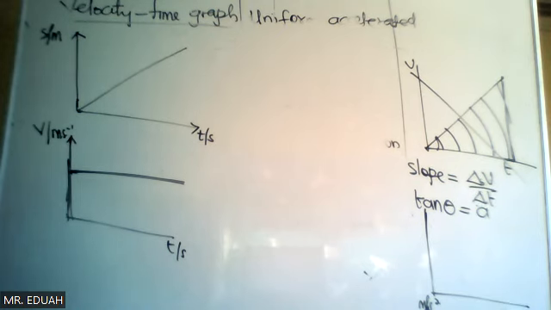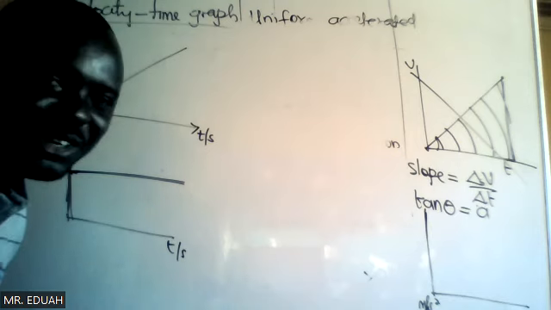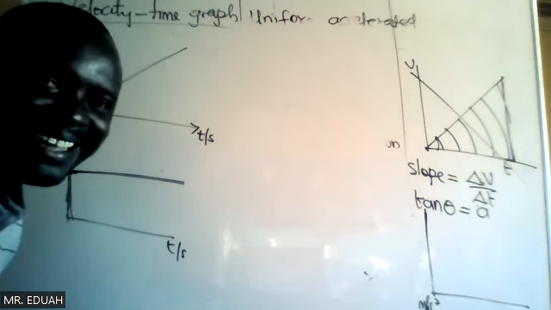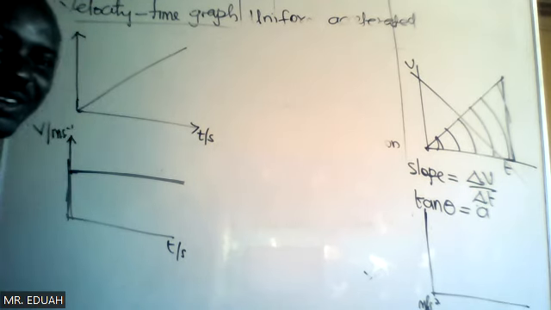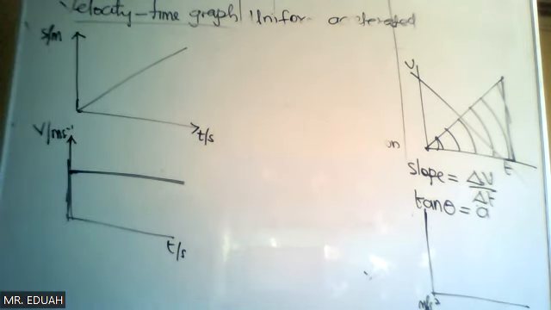Jojo, go ahead. Let's have Jojo's view as a final contribution. I think that they are the same. This is because in the displacement time graph, there is a constant or uniform velocity.